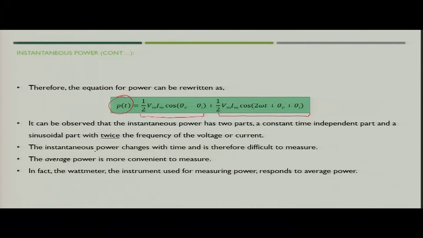Now, you can say that instantaneous power changes with time, therefore, it will be difficult to measure. So, what we measure in general? We measure in general the average power because it is more convenient to measure. And in fact, the wattmeter is measuring the average power rather than the instantaneous power.